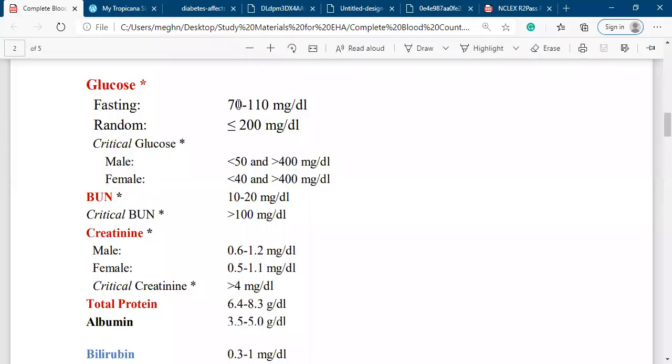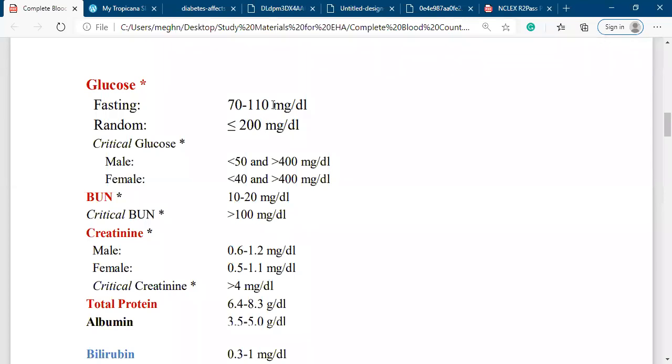So as I told you, 70 to 100. If your patient's blood sugar level is more than 110, or if random blood sugar is more than 200 or more than 250, we call it hyperglycemia, right?